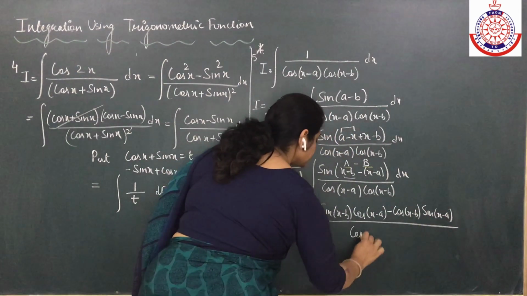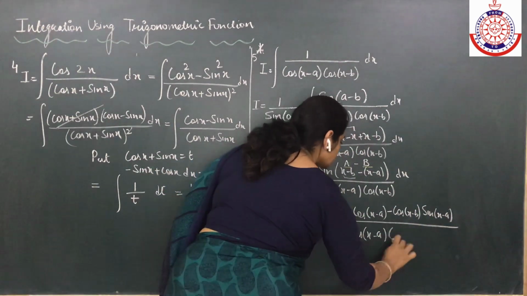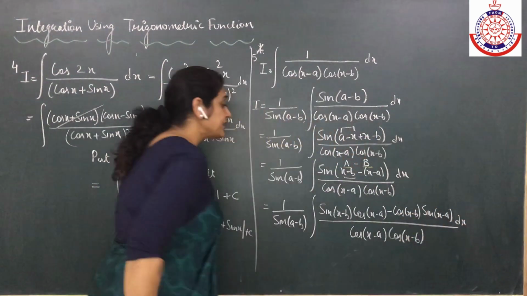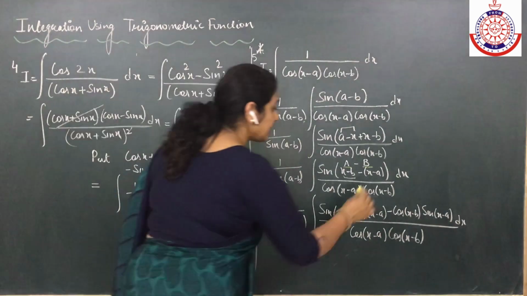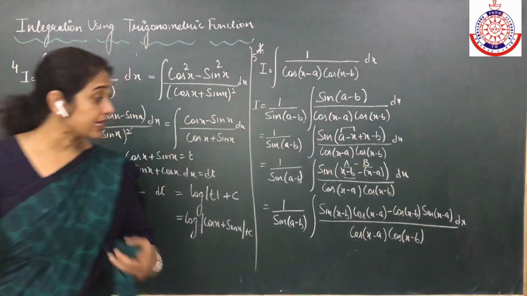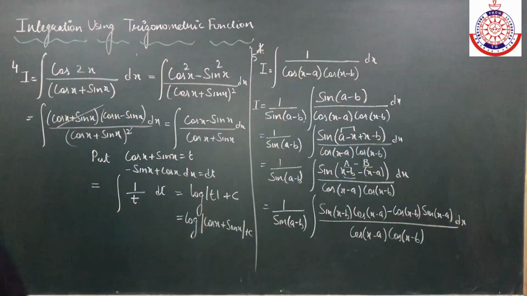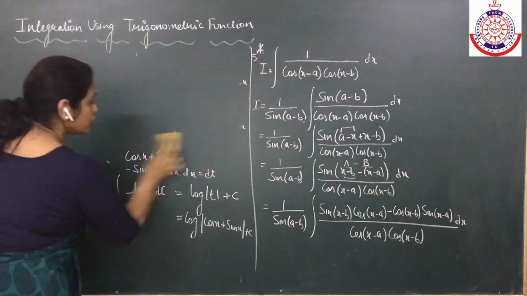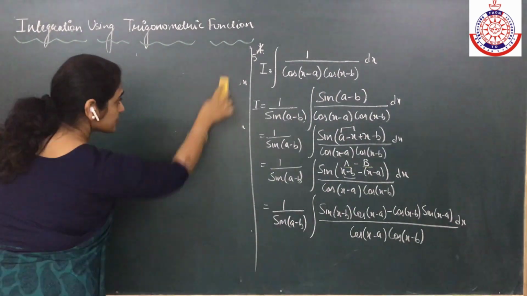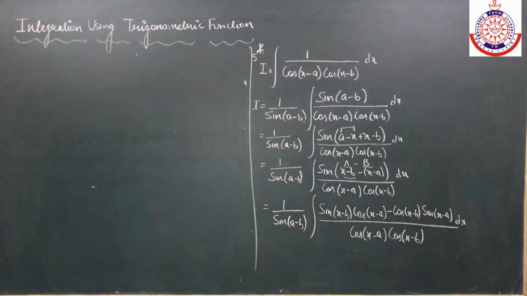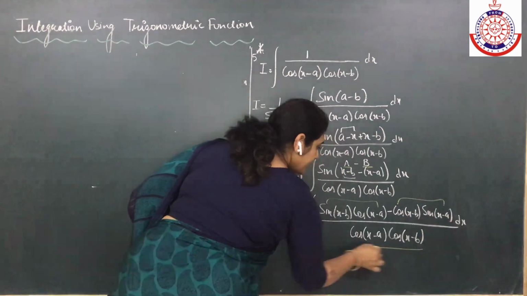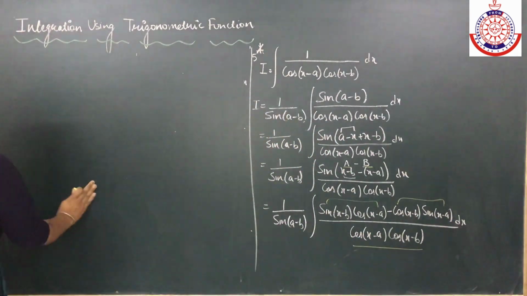Alright. Fine, we have applied the formula of sine A minus B, that is sine A cos B minus cos A sine B. Now in the numerator I have two terms, this minus this, and in the denominator there is a single one. So I am going to split it now.